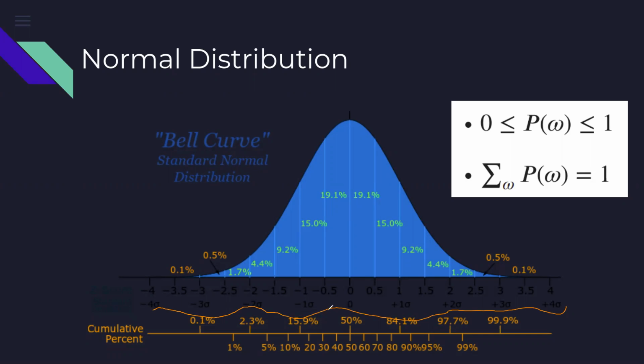So if the data is normally distributed, now we say that the area which is covered between plus and minus 1 sigma, this area, that is from -1 sigma to plus 1 sigma.